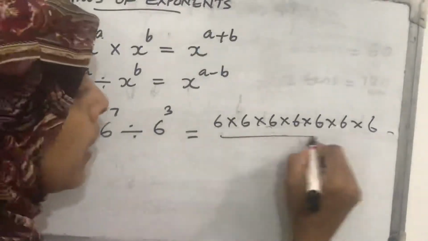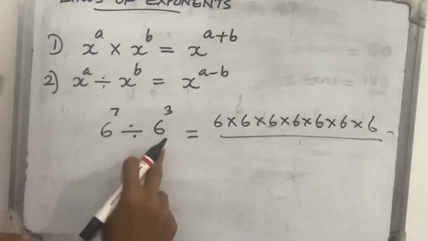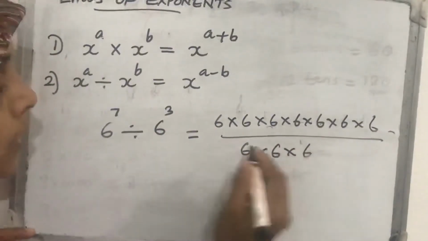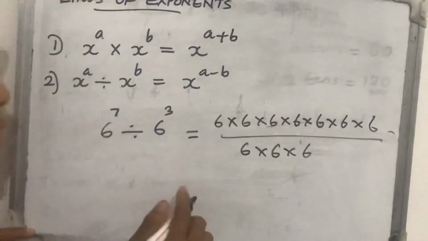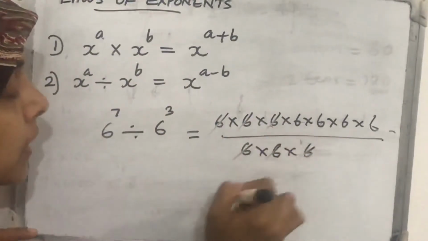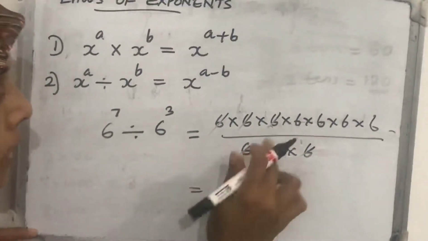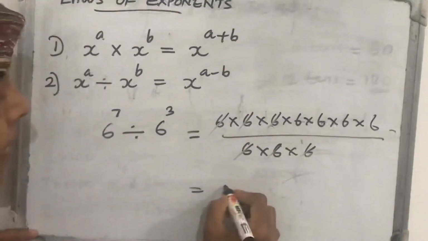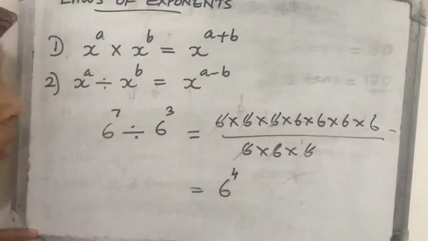Division, so divided by 6 raised to 3, which means multiplying 6 three times: 6 into 6 into 6. Okay, so how can we find this? We can cancel these. So how many 6s remain? 1, 2, 3, 4. Four 6s remain. So 6 raised to 4.